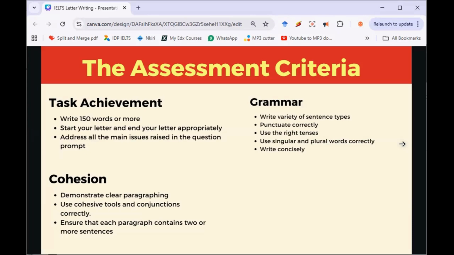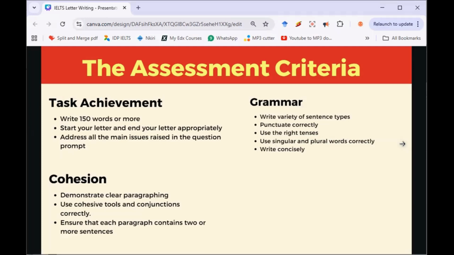The second component of grammar is punctuation. You must punctuate correctly. What are the punctuations that we must use? Full stop or period, comma, semicolon, and colon. All these punctuations must be used correctly when writing your letter. If you use them correctly, you can be sure that you get a good grammar score. Number three, use the right tenses.